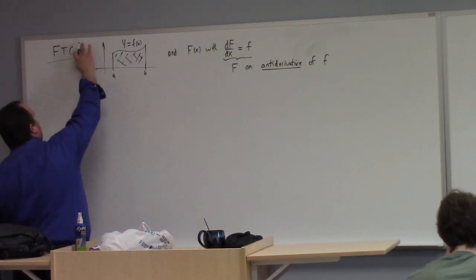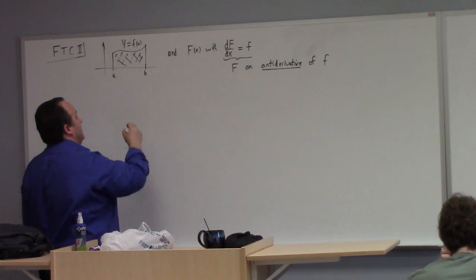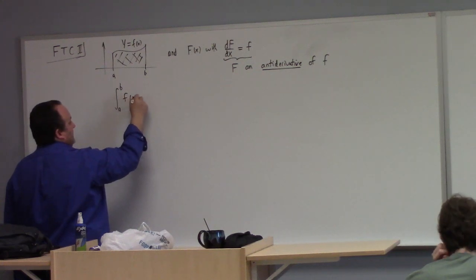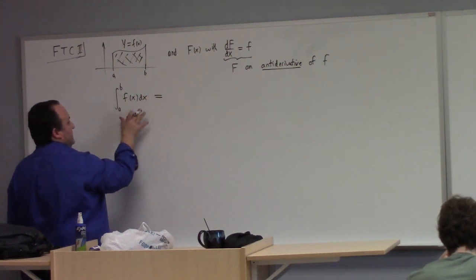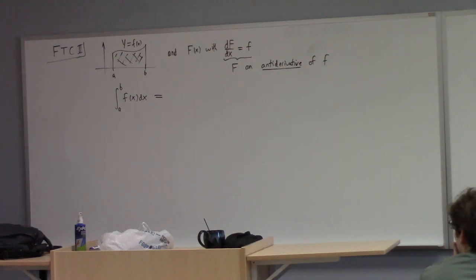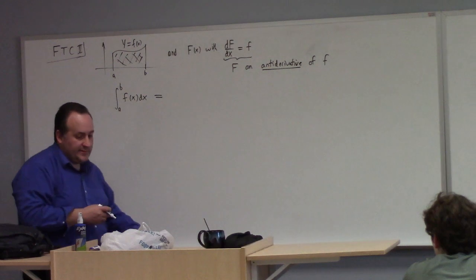Then the fundamental theorem of calculus, part 2, simply states the following. It states that the integral from a to b of f of x dx, and this is just a notation, it's a notation for the area from a to b under the curve that I've tried to shade on the whiteboard, which of course is impossible.